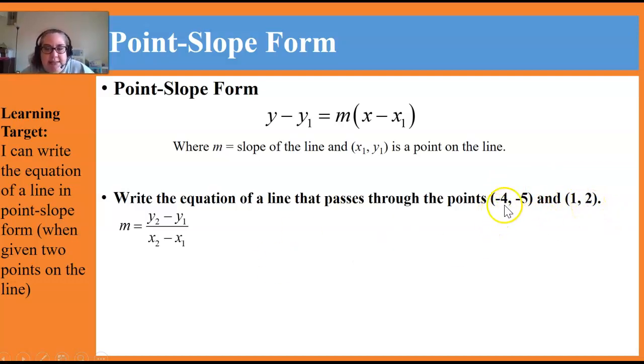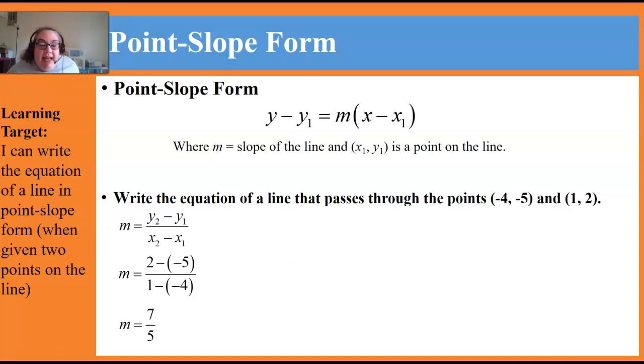So when I substitute my values, that would be 2 minus -5 over 1 minus -4, and I use my calculator to help simplify. We figure out that the slope is 7/5, and make sure that that's in simplest form.